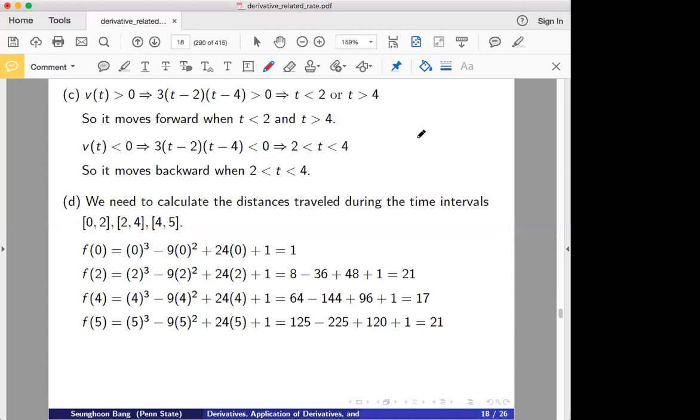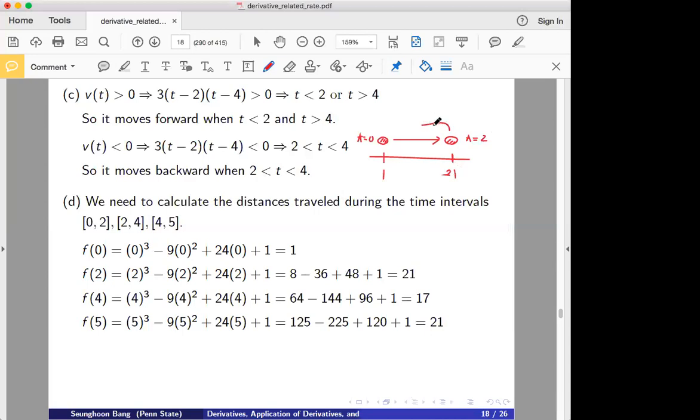It's good. So what does the diagram look like? The diagram is not difficult. This is 1, the starting point, at time t equals 0. Moving forward, this is time t equals 2, and this one is 21.